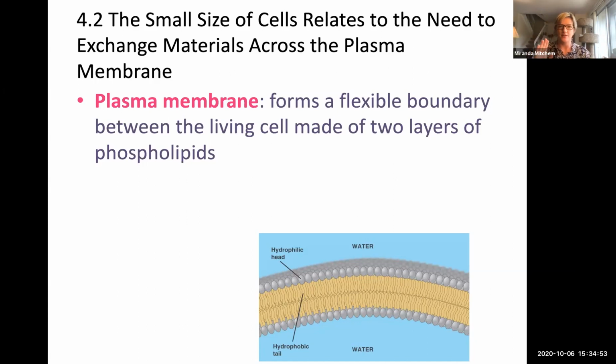Remember, like dissolves like. So the combination of having the hydrophilic heads on either side with the hydrophobic tail sandwiched in between them creates the perfect structure for our membrane.